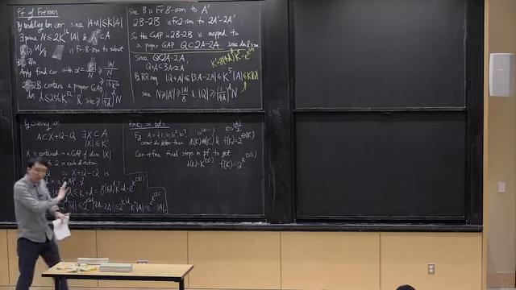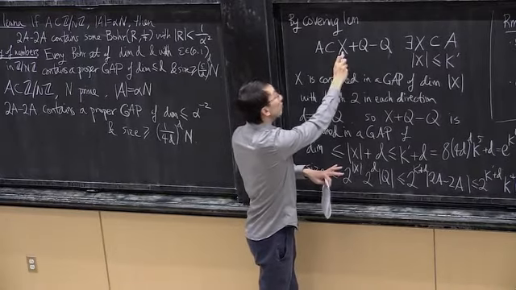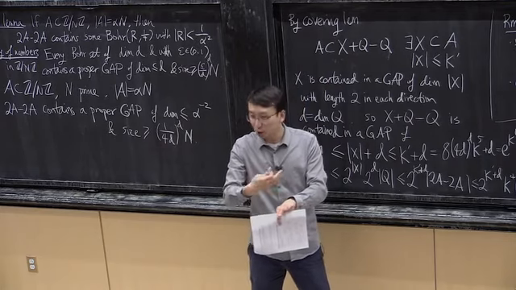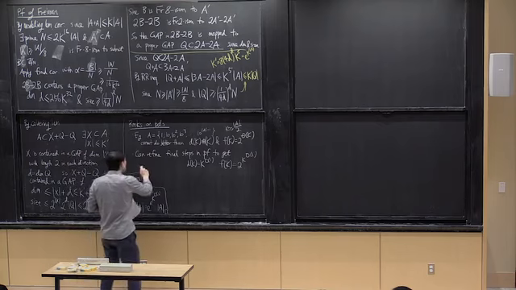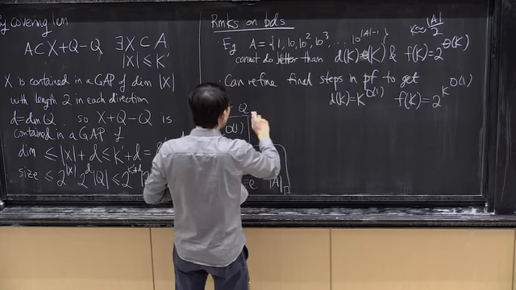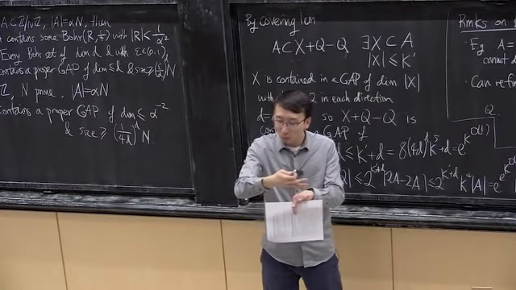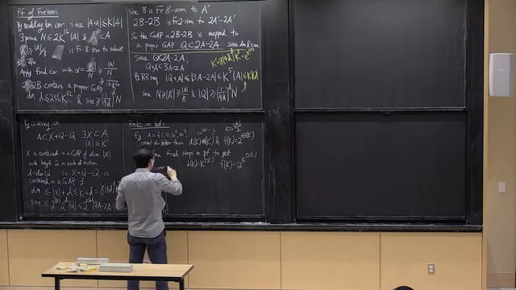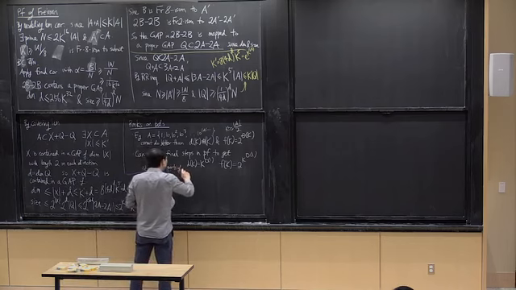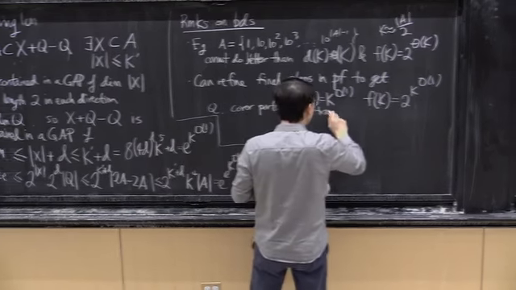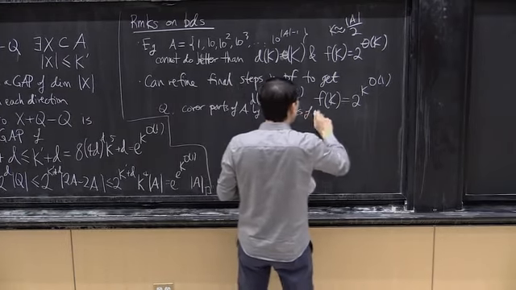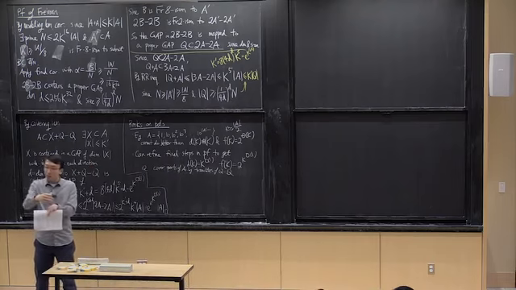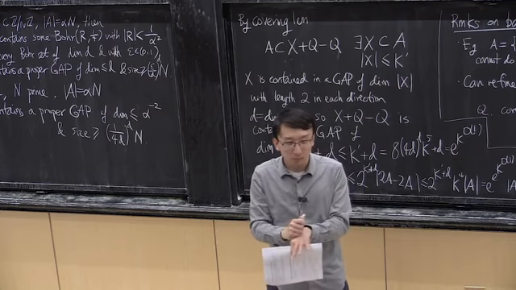But it turns out to be somewhat wasteful. You see, there was a lot of waste in going from x to 2x. So you could do that step more slowly. Starting with Q, cover now some, not all of A, so cover parts of A by translates of Q minus Q, say. So when you do the Ruzsa covering lemma, you don't cover the whole thing, but nibble away, cover a little bit.